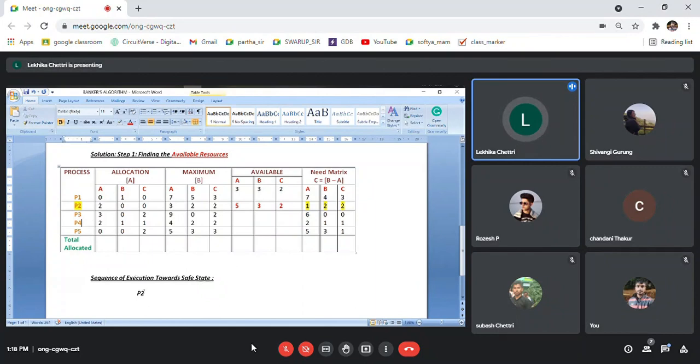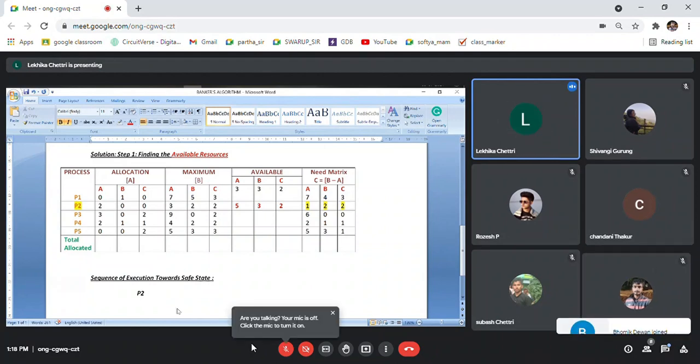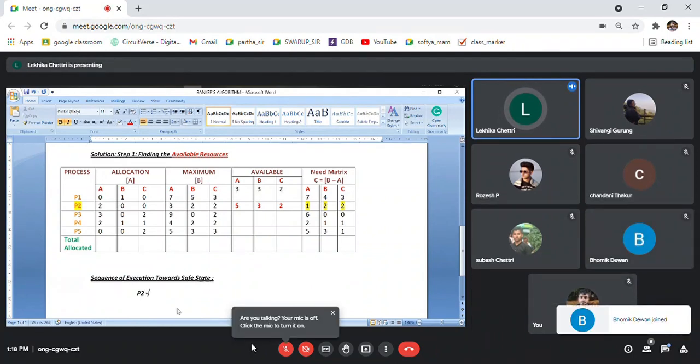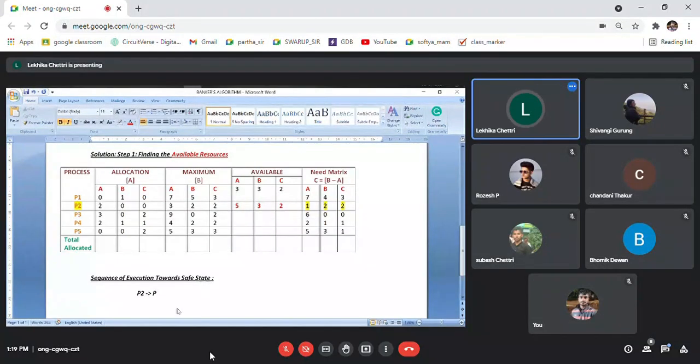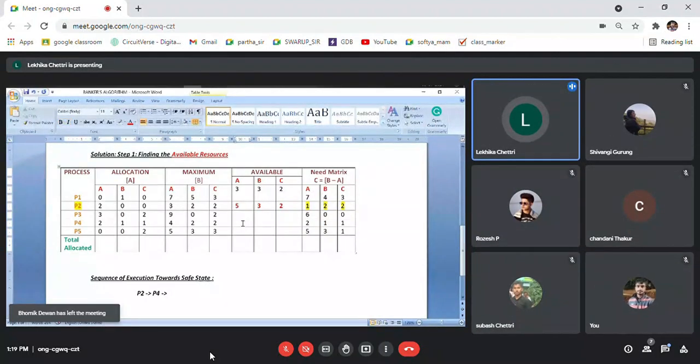P4 is done executing. That means after P2, if we do not want our system to enter into deadlock, which is the process that must execute after P2? After P2, it is P4. Okay, after P2, it is P4. So now P4 executes. After P4 has completely executed, our available resources increase again.